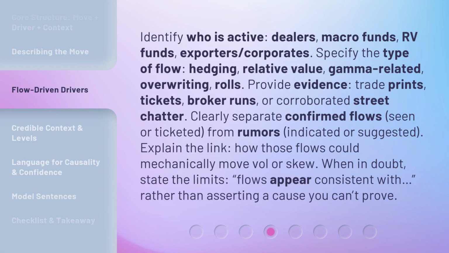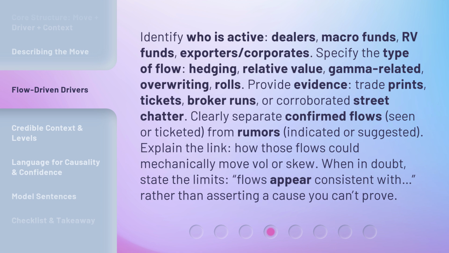Identify who is active: dealers, macro funds, RV funds, exporters/corporates. Specify the type of flow: hedging, relative value, gamma-related, overwriting, rolls. Provide evidence: trade prints, tickets, broker runs, or corroborated street chatter.